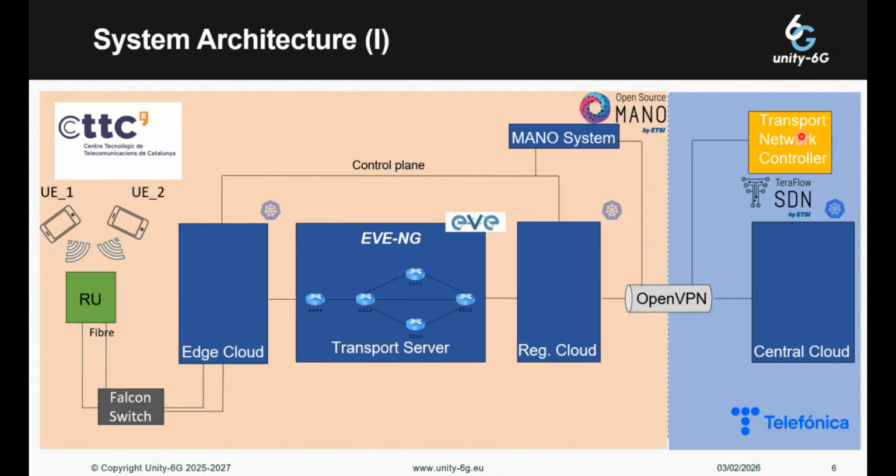And then on the transport side, we have the transport network controller server that runs the network slice controller, and also the TeraFlowSDN controller that is controlling the routers in the IPNG emulation. For this emulation, we use Cisco XRv 9000 routers.